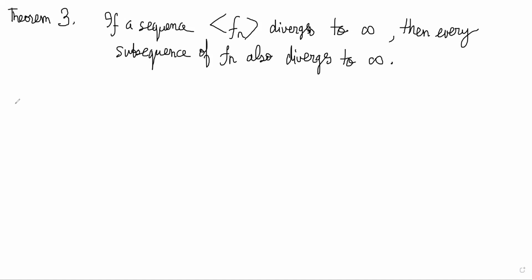Similarly, you can say the same thing: if it diverges to minus infinity, then every subsequence also diverges to minus infinity, right?